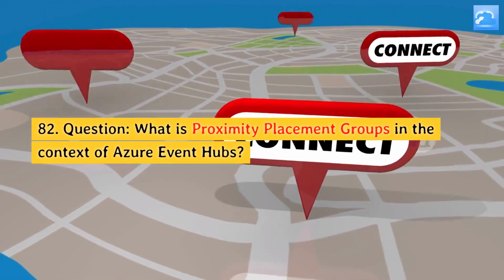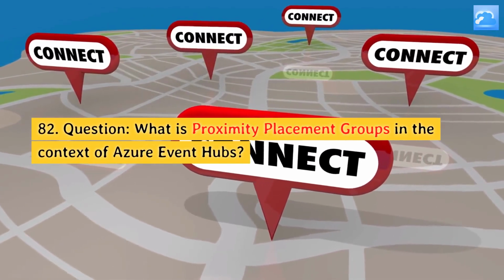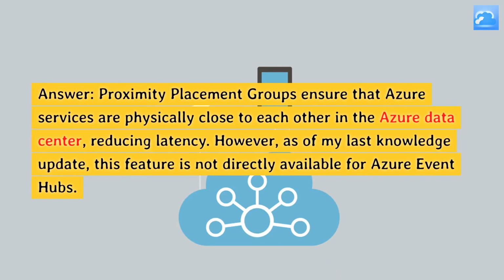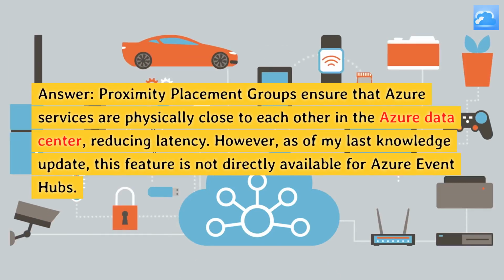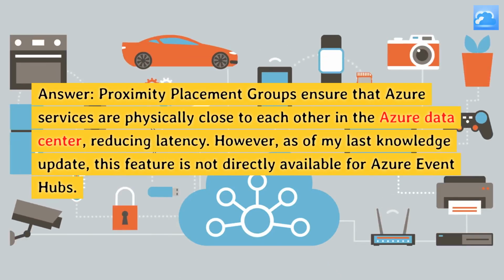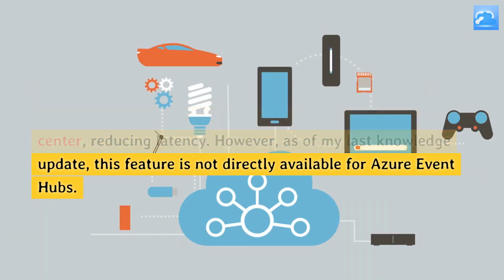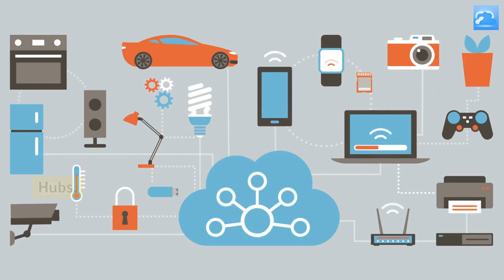Question: What is proximity placement groups in the context of Azure Event Hubs? Answer: Proximity placement groups ensure that Azure services are physically close to each other in the Azure data center, reducing latency. However, as of my last knowledge update, this feature is not directly available for Azure Event Hubs.